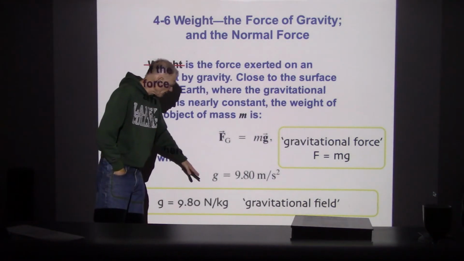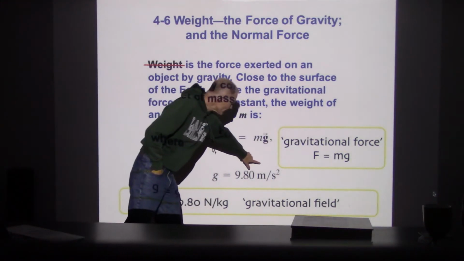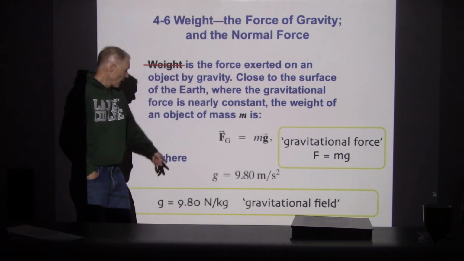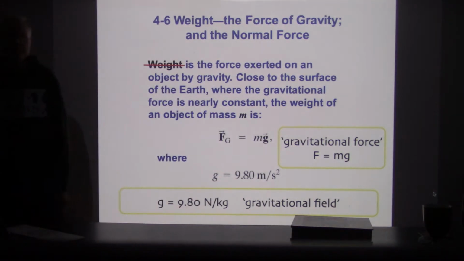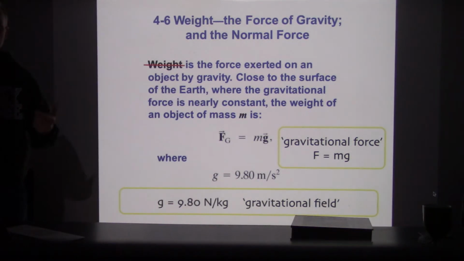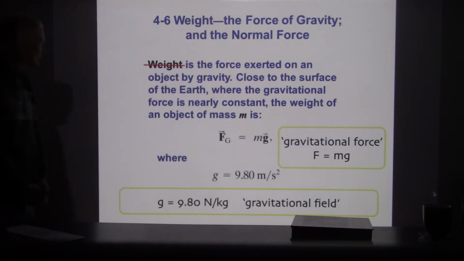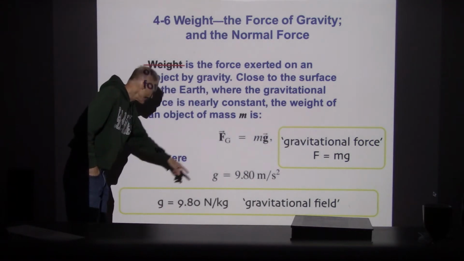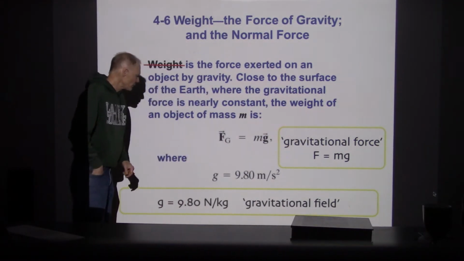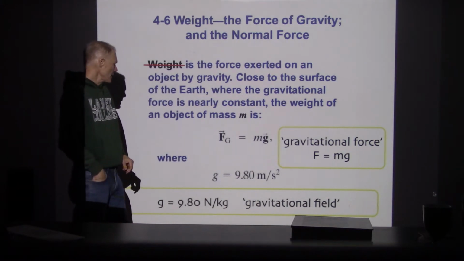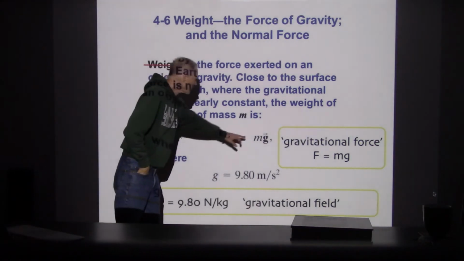When we're looking at force diagrams, rather than using meters per second squared, I'm going to tend to use newtons per kilogram. And that reminds me that little g really is going to help me keep track of the gravitational forces. I can take this gravitational field, little g, 9.80 newtons per kilogram, and multiply by the mass.